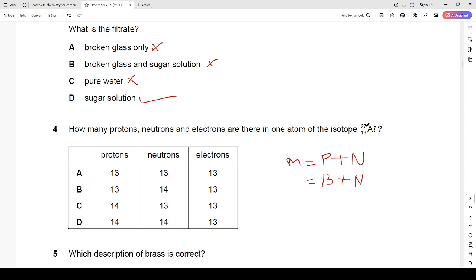But according to what we have here, the mass number is 27. Now, by collecting like terms, 27 minus 13 gives us the exact number of neutrons. Now, 27 minus 13 gives 14. Therefore, the number of neutrons here is equal to 14.